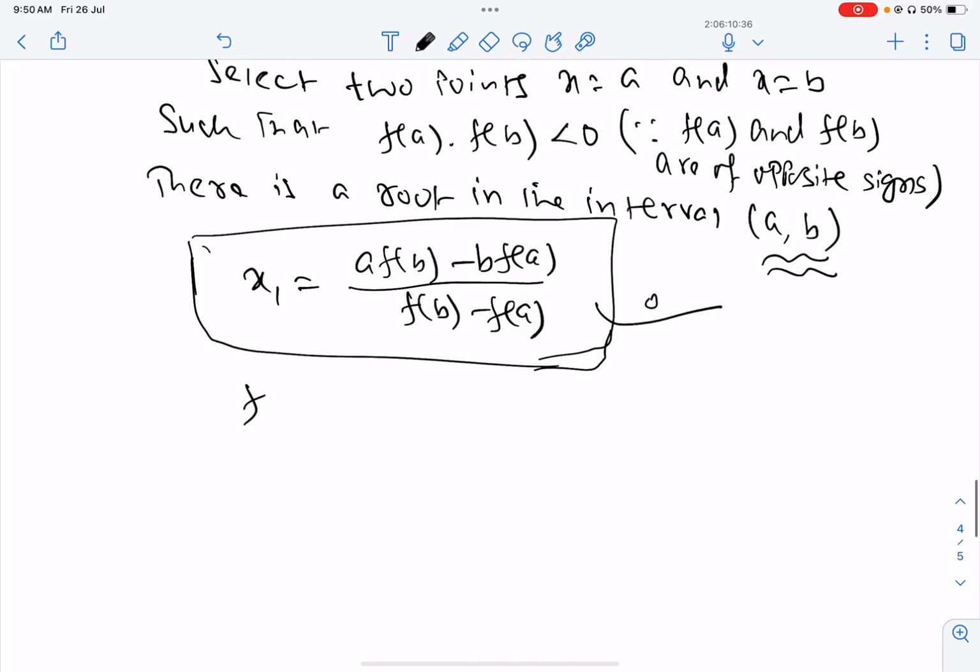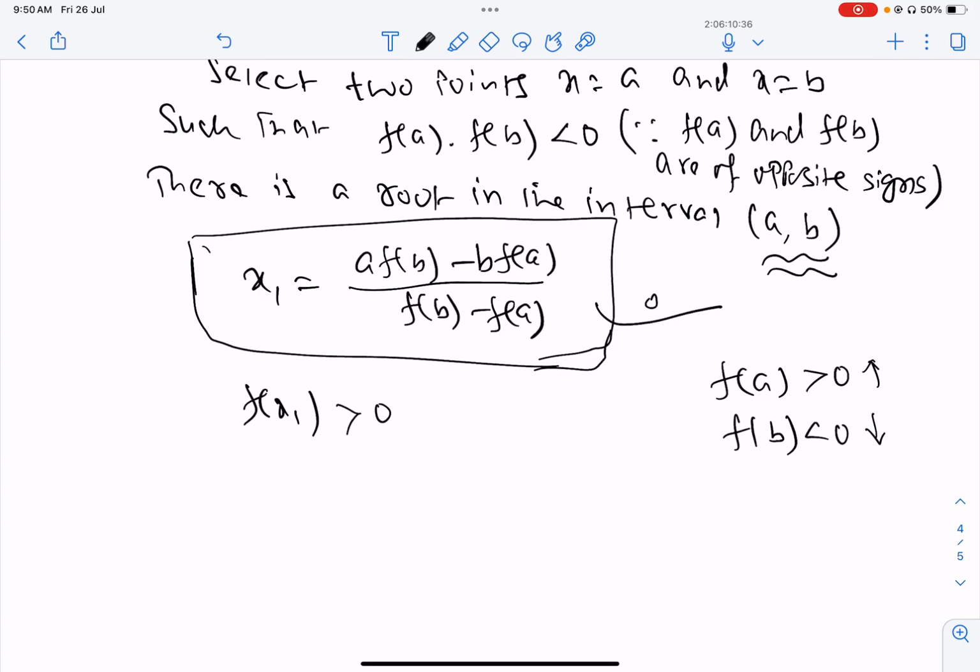And then next we find f(x1), depending on greater than 0 or less than 0. So suppose f(a) is positive, f(b) is negative, and suppose f(x1) is positive.